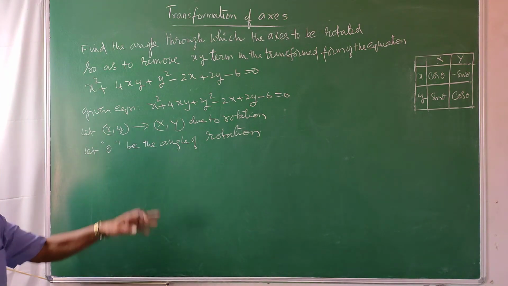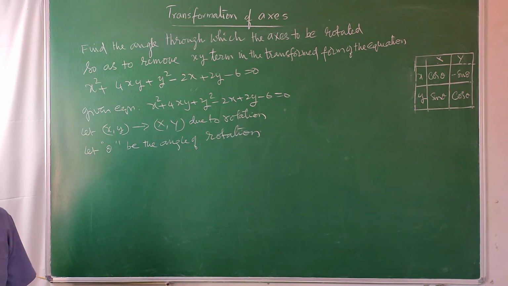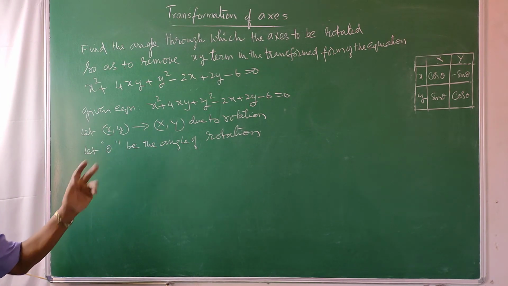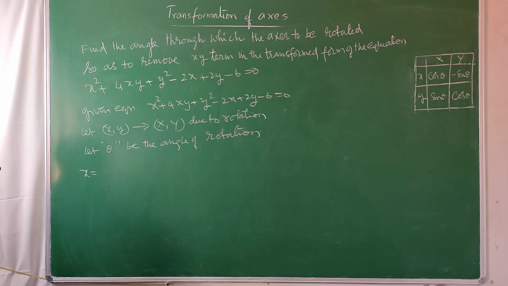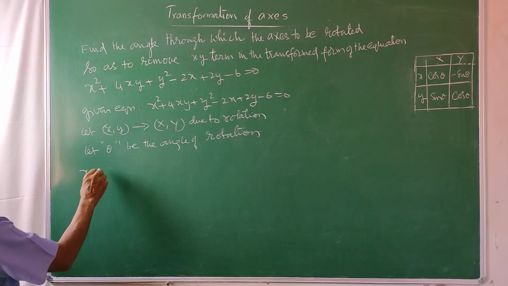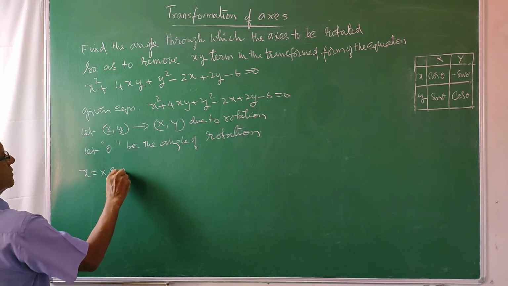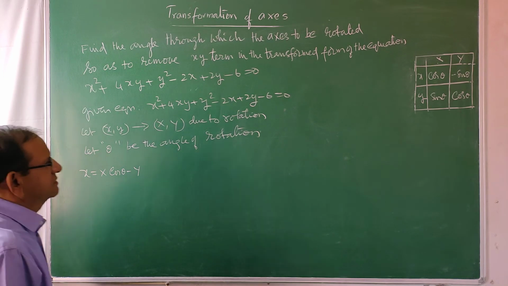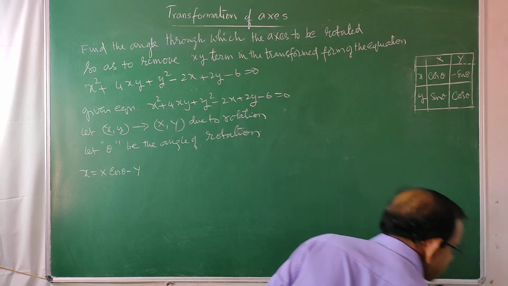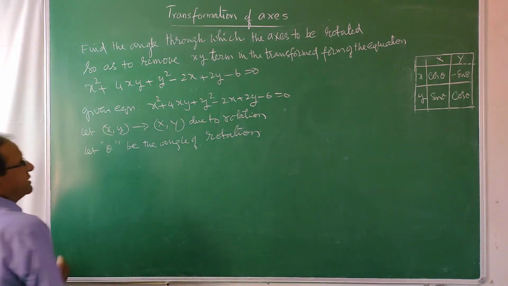Now, by using that table, we can find out the relation between small x, small y and big X, big Y. Now, small x is equal to x cos theta minus y sin theta. And this thing is not required. Now, directly formula is there for that.